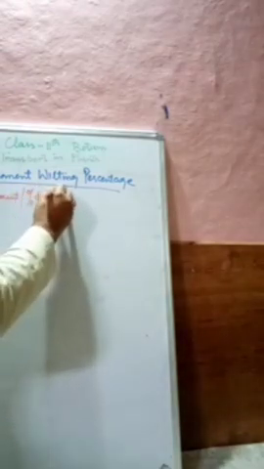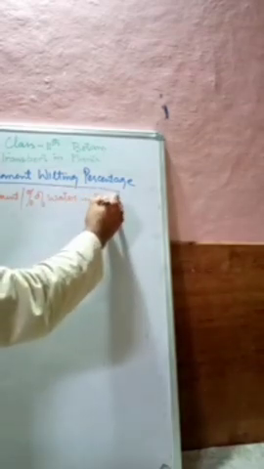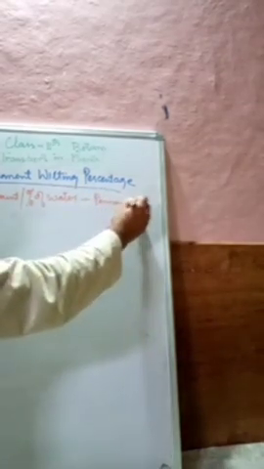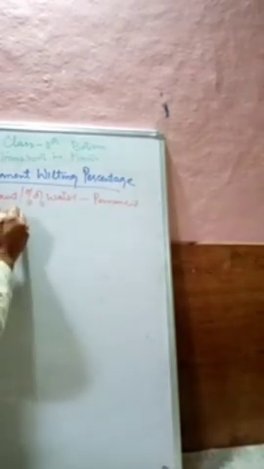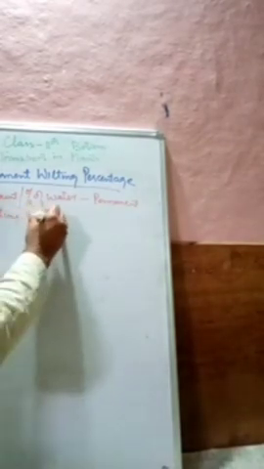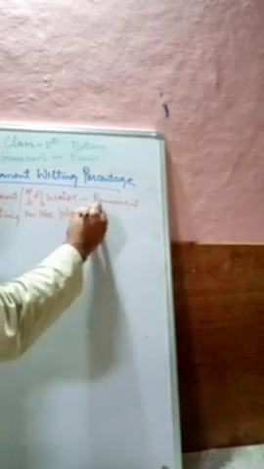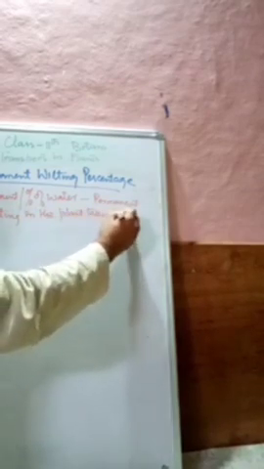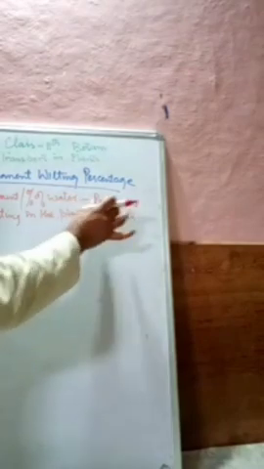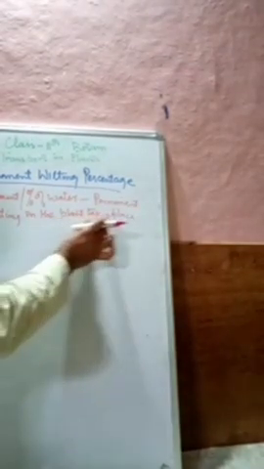What is this? It is simply the percentage of water which is available in the soil so that permanent wilting in the plant takes place.